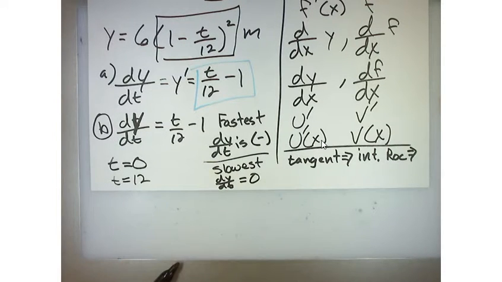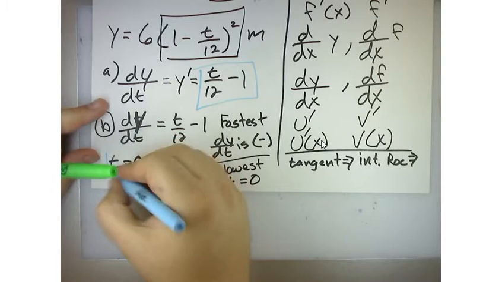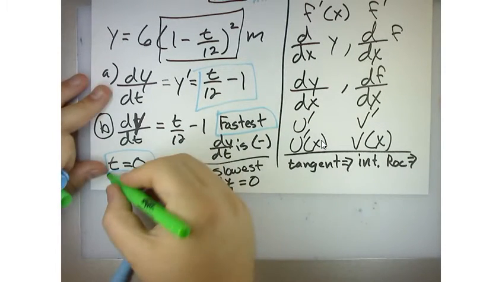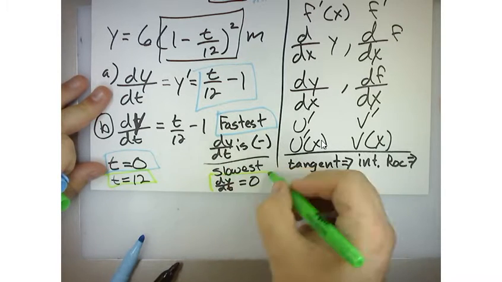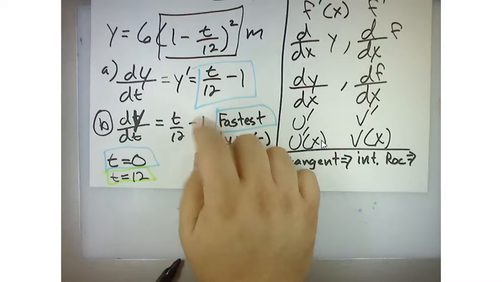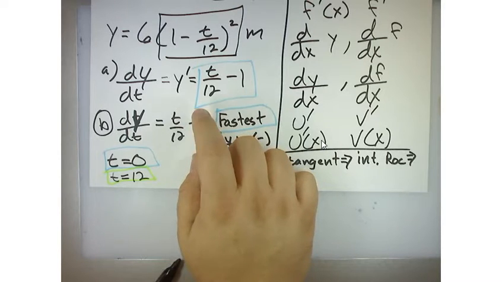So just to recap, because I see some blank faces there: it's the fastest when t equals 0, and it is the slowest when t equals 12. Because this is the rate of change, and we want a negative value.